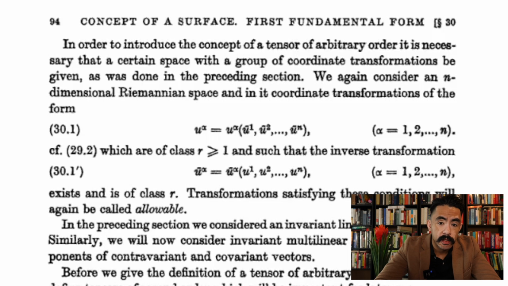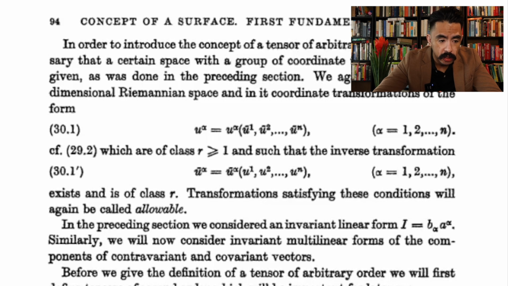See the previous section, section 29, which are of class r greater than or equal to 1, that is to say they are at least 1 times differentiable, and all of the component derivatives are non-zero, and such that the inverse transformation u over bar alpha equal to the function u over bar alpha in terms of u1 through un, where alpha can be 1 through n, exists and is of class r.